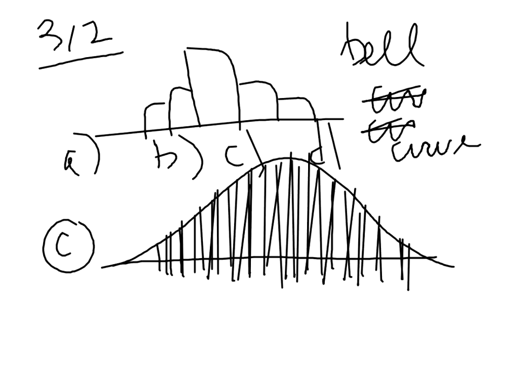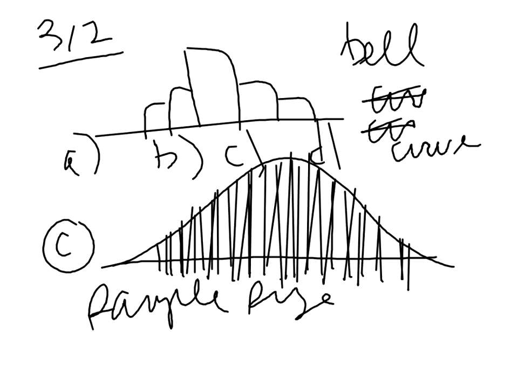And the idea is there are infinitely many bars. In other words, the sample size gets bigger. And of course, the greater the sample size, the smaller the widths of our individual classes, if you like.